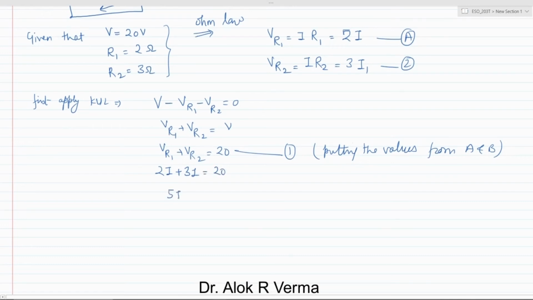So 5I equal to 20. Then we compute the current flowing in this circuit: 20 by 5, which is 4 ampere. Ampere is the unit of current.